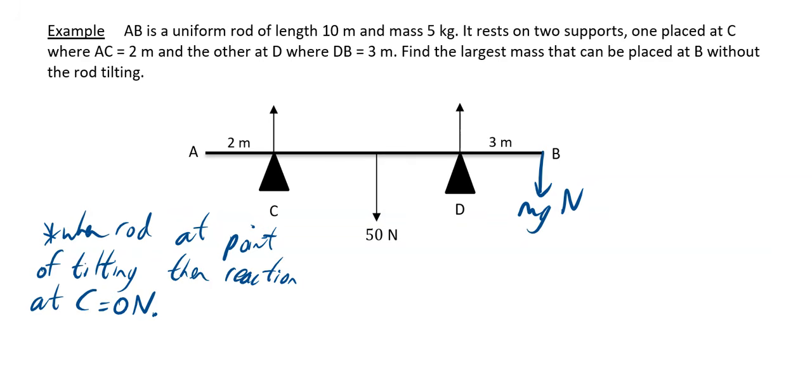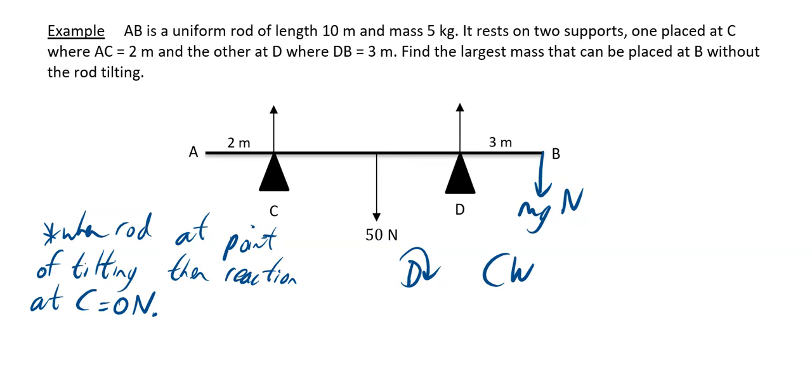So to do this, we can take moments about D. Basically, it's as if this force here, this whole pivot and this force, was not there. That's really what you're thinking about. Don't score it out on your diagram, but that's what you have. So we're going to put clockwise equal to anticlockwise.